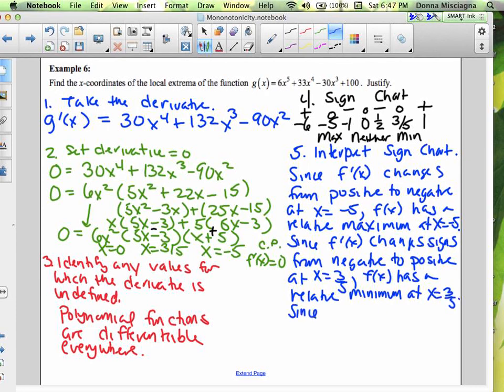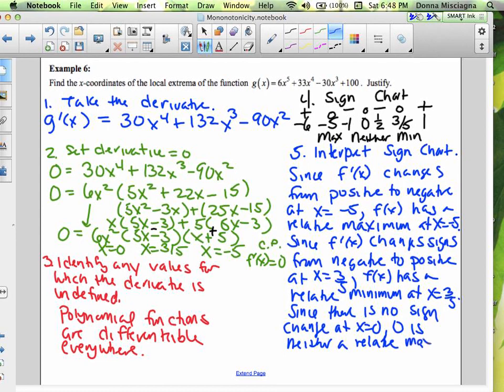Since there is no sign change at x equals 0, 0 is neither a relative max or min. Right, so no, I didn't write in f of x doesn't have a relative max at 0.